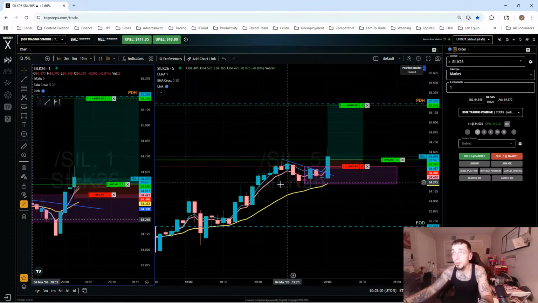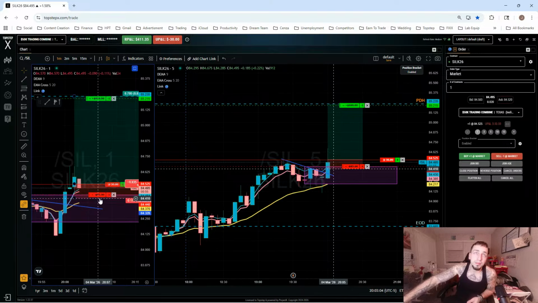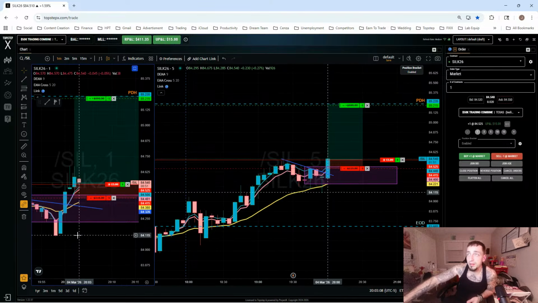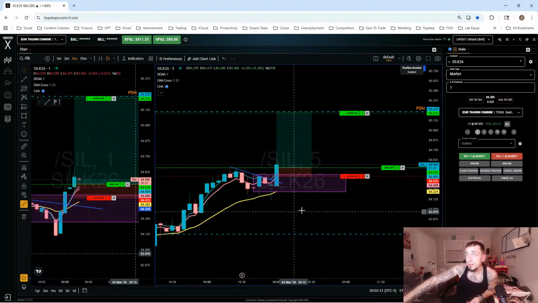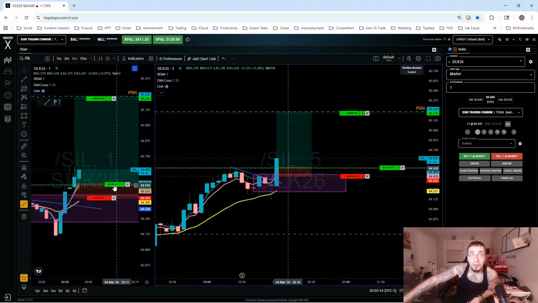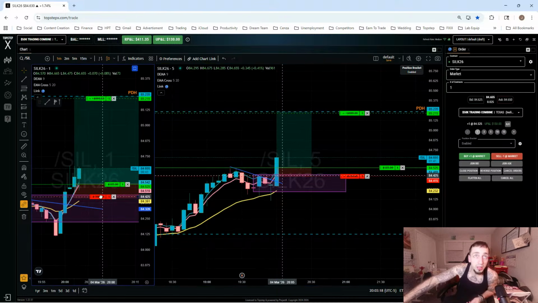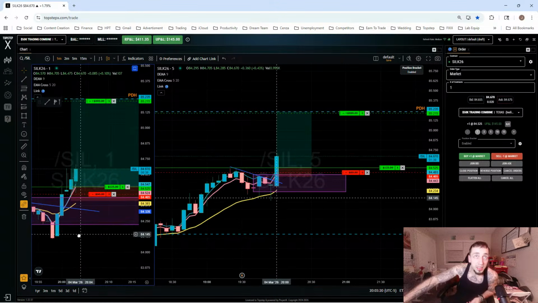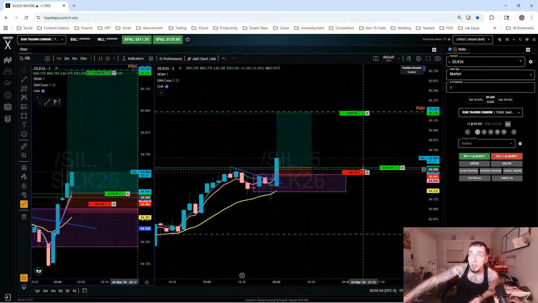Let's see if she can hold. Might clip me. If it does, it's completely fine. It's holding that 1 minute trend pretty well. Stop's going to go above the current 1 minute candle. That's how we scalp, baby.